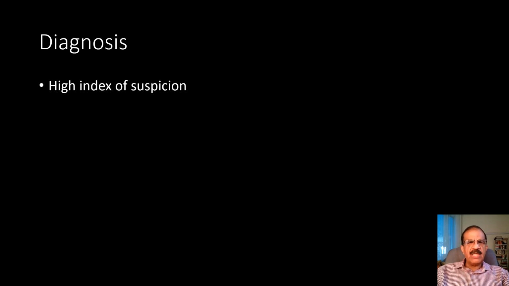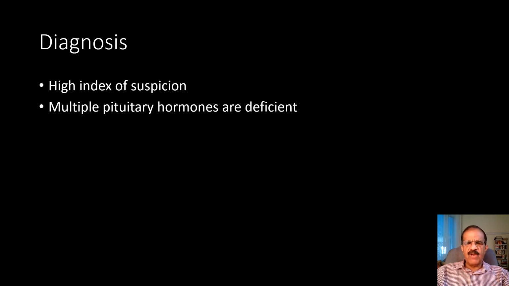In adults, I think suspicion is a little more difficult if somebody presents with lethargy, weakness, weight loss, sexual dysfunction, and edema, pallor. I think that is the type of patient in whom we suspect hypopituitarism. So there will be multiple pituitary hormones deficient and their consequences.